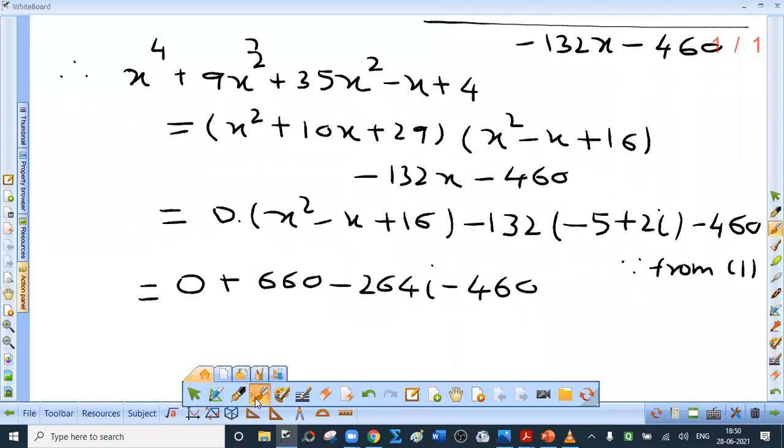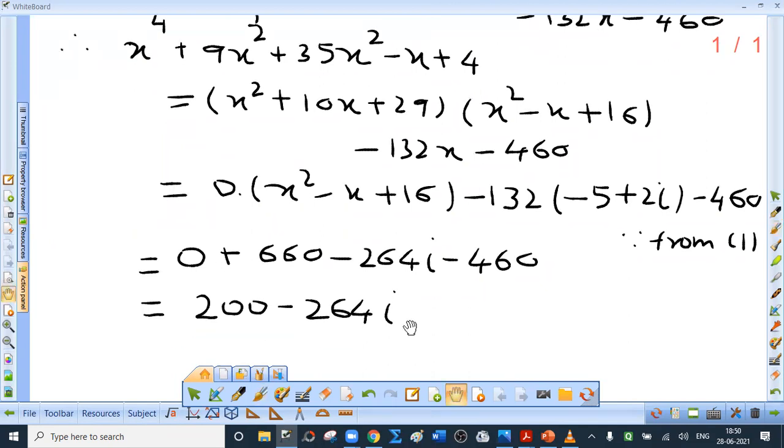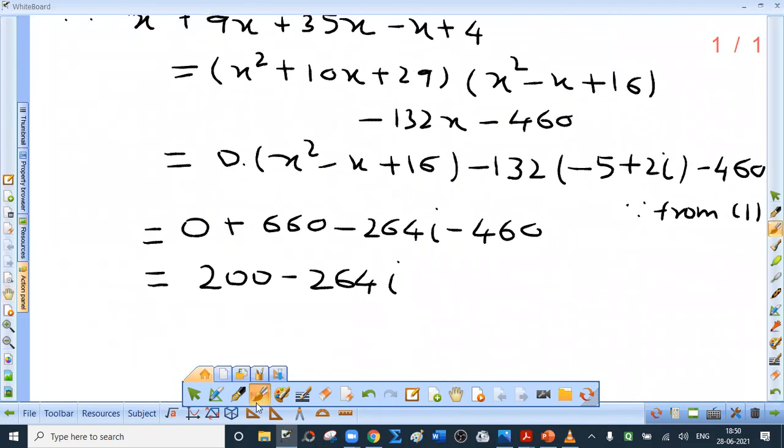And therefore the value of this expression is 200 minus 264i. Write down. Take your own time.